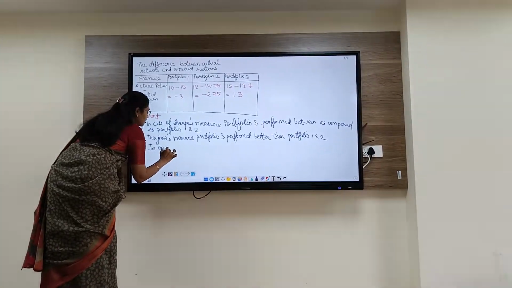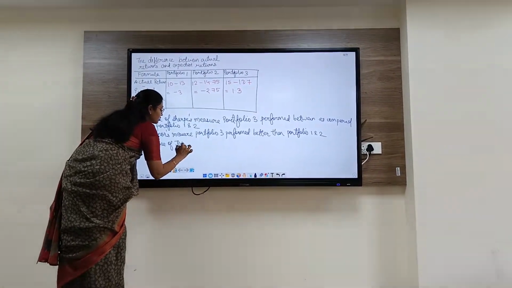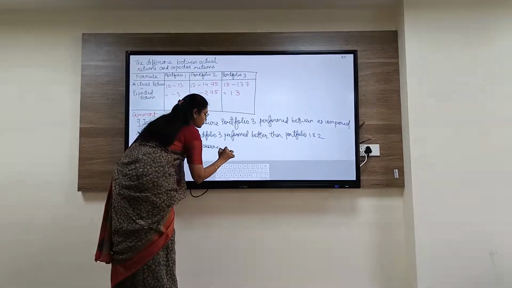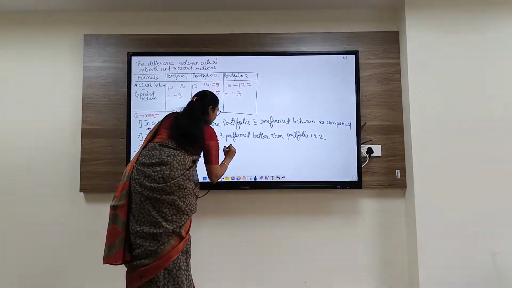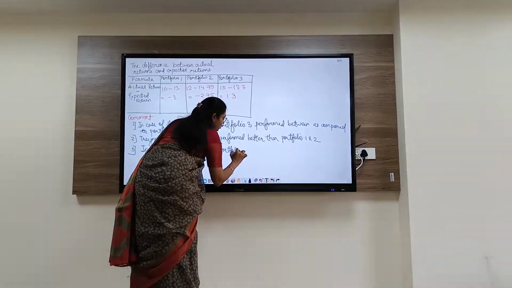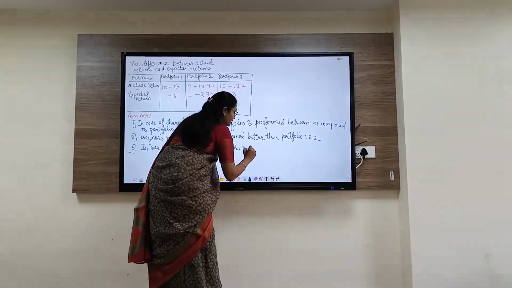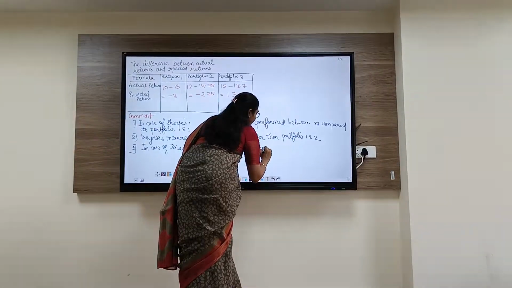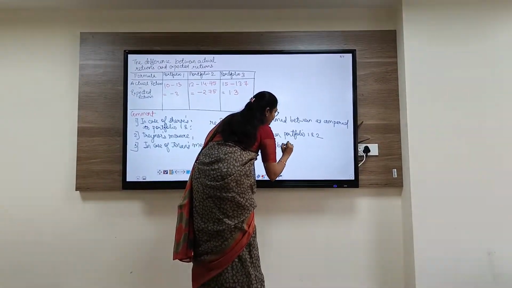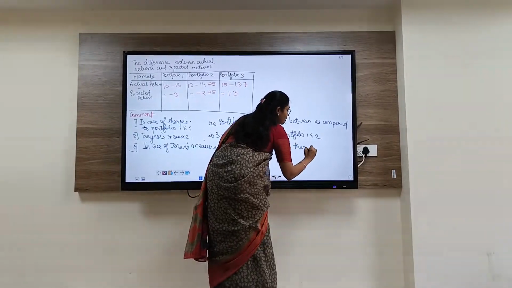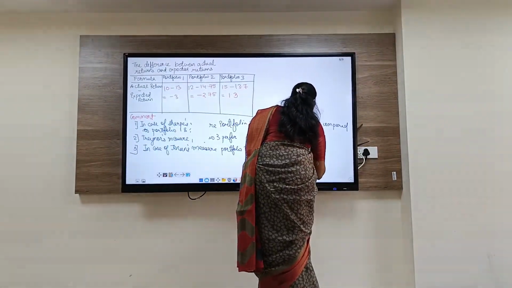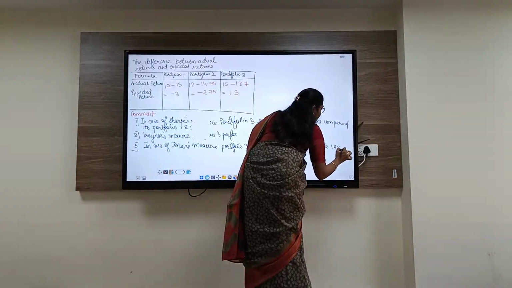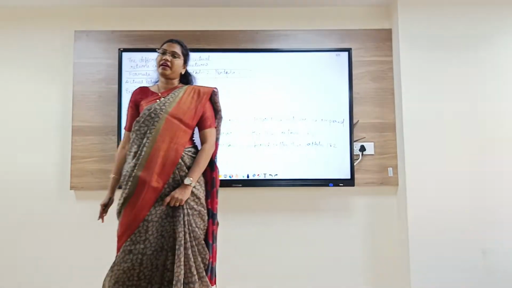So in case of Jensen's measure, portfolio 3 performed better than portfolio 1 and 2. Any doubt? No miss.